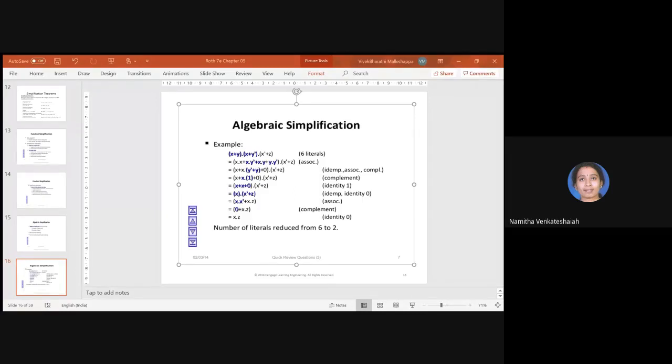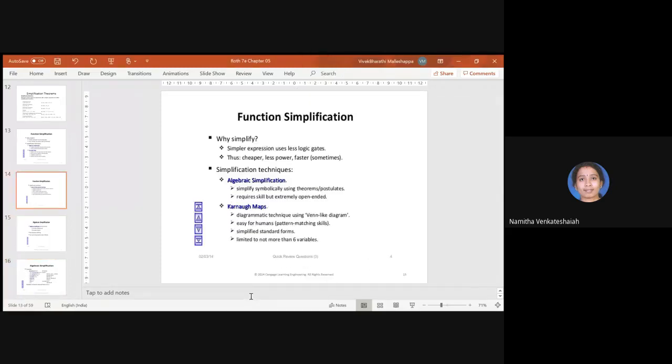Why do we want to reduce? Because a simple expression uses fewer logic gates. What are logic gates? NOR gate, NOT gate, AND gate. I had shown you in the earlier class. And thus it will be cheaper. Cheaper means economical and less power, faster, time saving. These are the advantages. That's why we want to simplify.